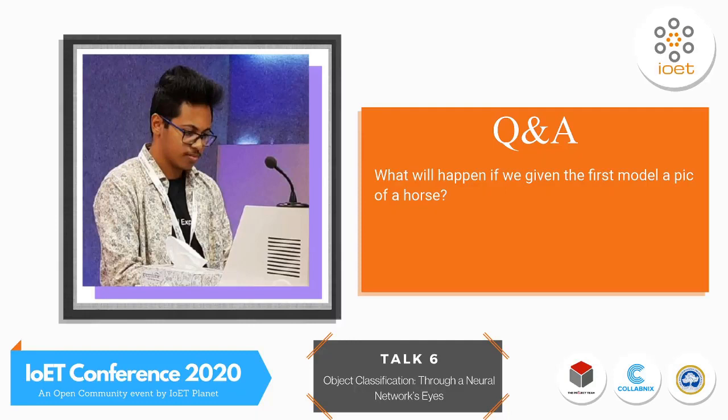If you give an image of a horse to a cats versus dogs model, you would find a random output. You're not actually supposed to give an image of a horse or any other class which is not in your output for testing, because that would not make the output very meaningful.